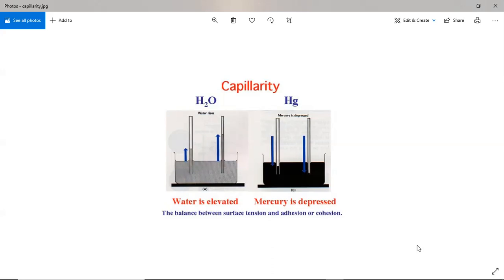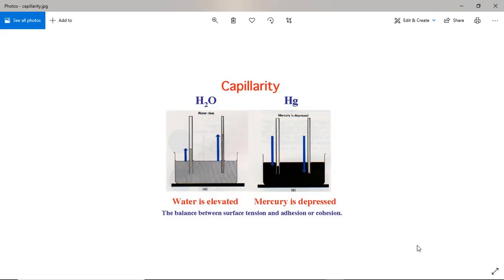Now, why does this happen? We all know that liquids exhibit both cohesion and adhesion. Now, in the case of water, we know that the adhesion of water with glass is more than the cohesion between themselves. So what happens is they get stuck to the glass surface while the cohesion is unable to pull them down.